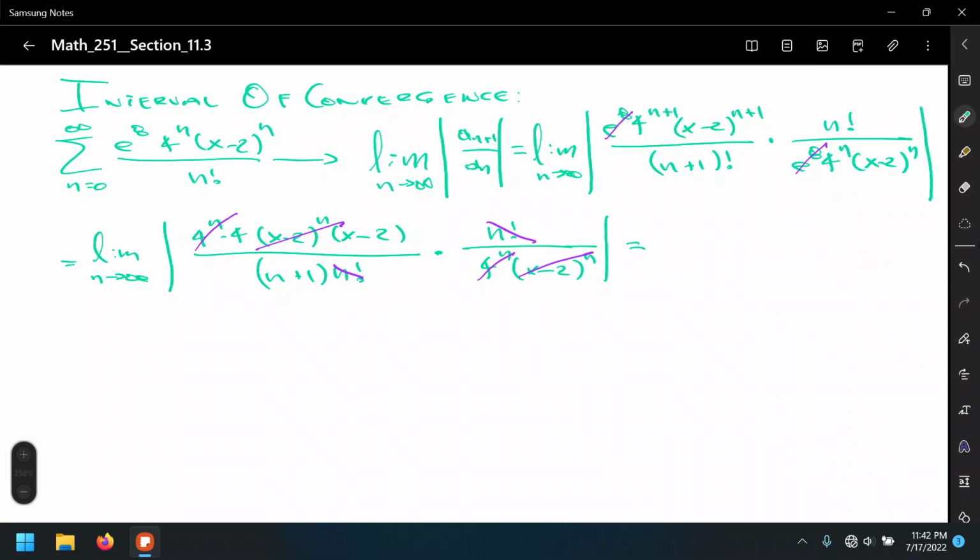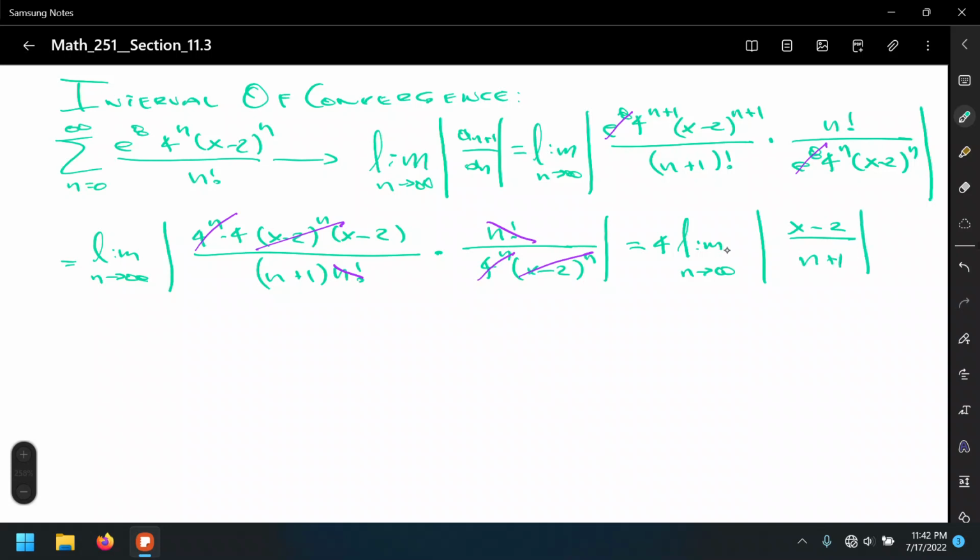Let me take this 4 outside of the limit, as n approaches infinity, and I'm going to be left with x minus 2 over n plus 1.